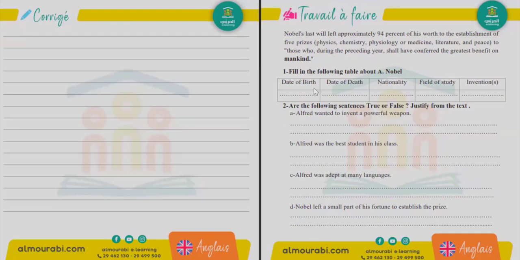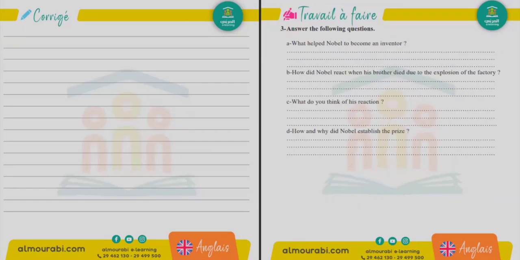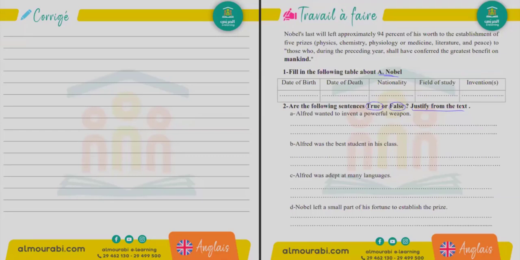Here we will talk, of course, about Alfred Nobel, his date of death, his nationality, his field of study, and his invention or inventions. Next, you will tell me if the statements are true or false, then bring your justification for each. You don't have false statements here. Then we will answer the following questions.